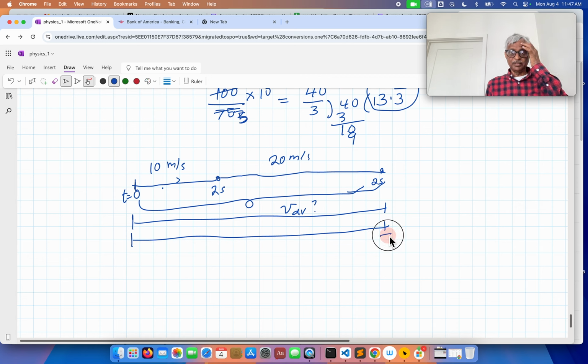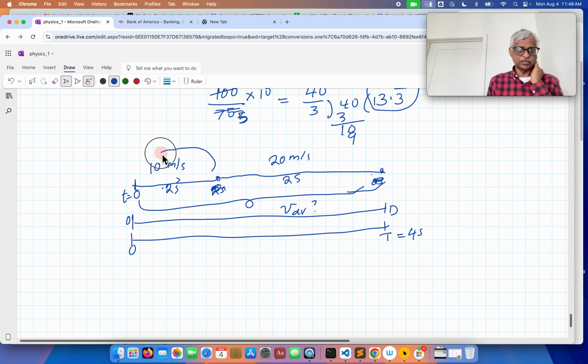Okay, total distance is not given. Total time is 4 seconds. 2 seconds here, 2 seconds here. So how far did you go here?